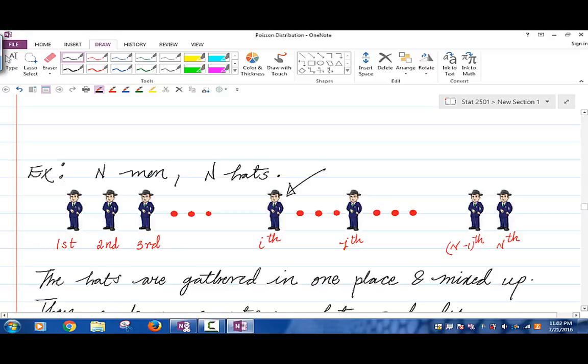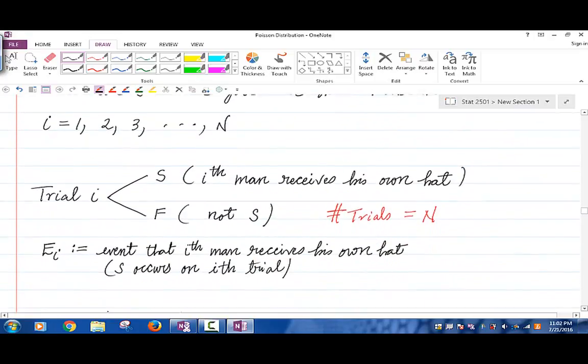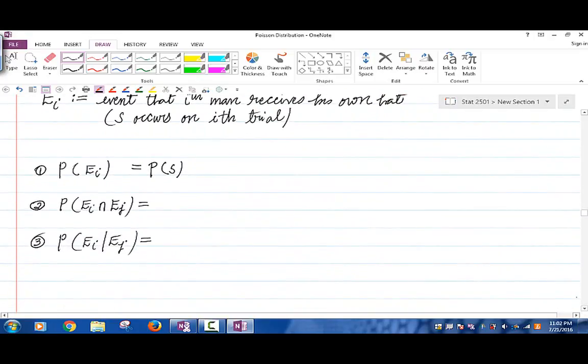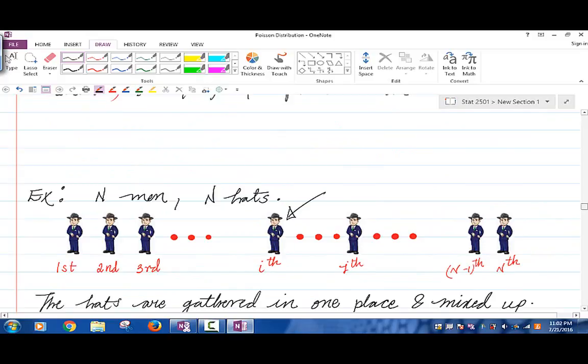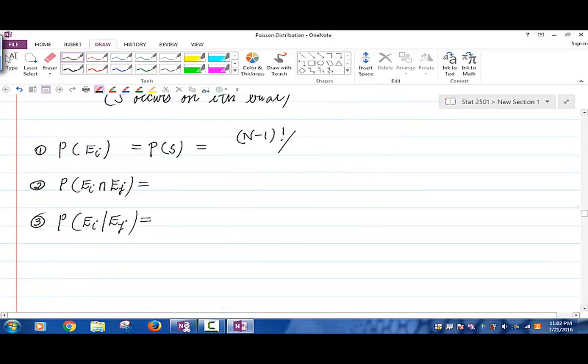So the number of permutations of n hats where the ith hat is on the head of the ith person would be n minus 1 factorial, and the total number of permutations of n hats is n factorial, which then is equal to 1 divided by n.